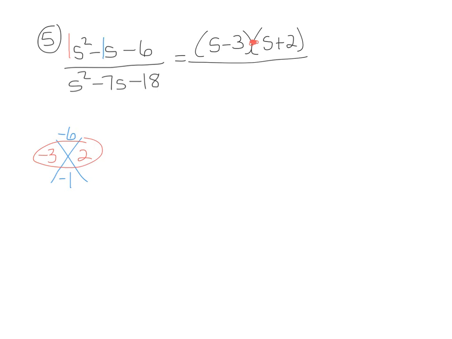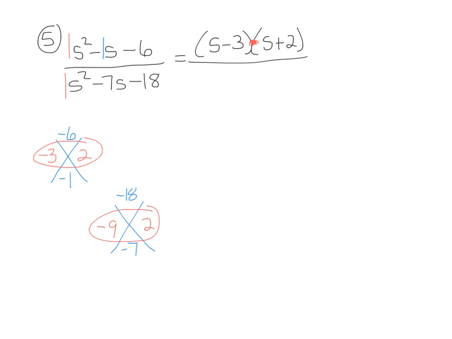Alright, the next one underneath. This is another easy trinomial because it has a leading coefficient of 1. So we'll use the X trick on this one too. What multiplies to negative 18 and adds up to negative 7? I believe that's going to be negative 9 and positive 2, right?